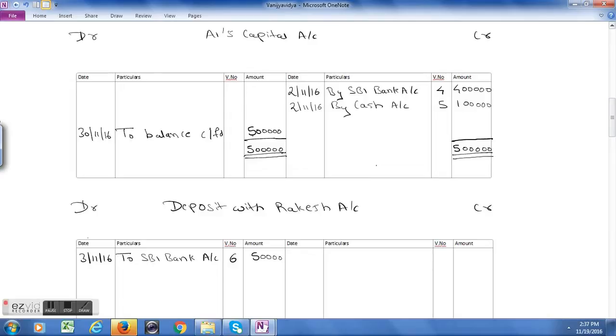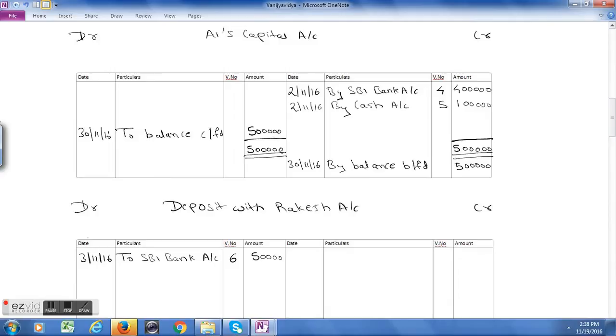Now since this is on the debit side, balance brought forward will be on the credit side, by balance brought forward 5 lakh rupees.